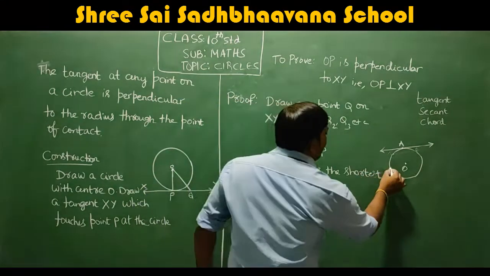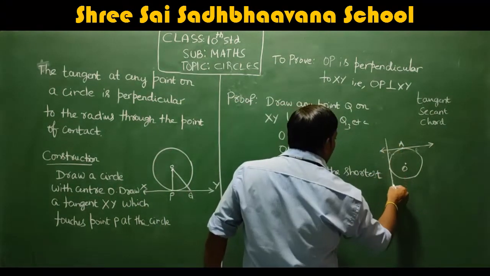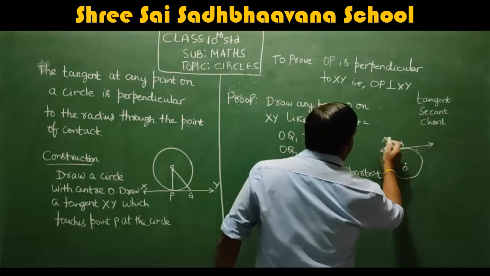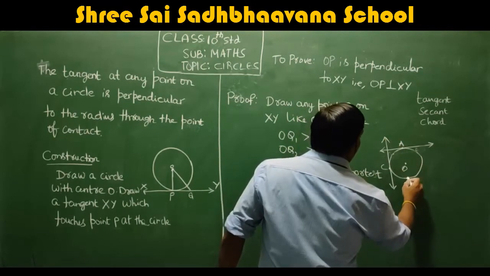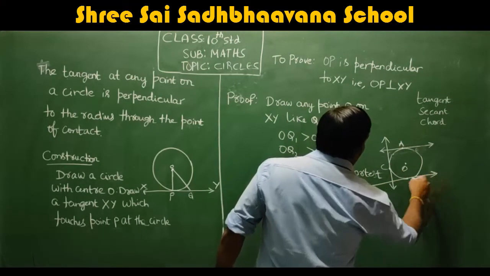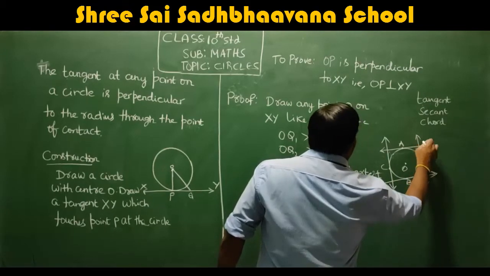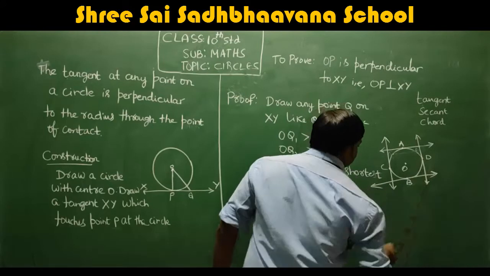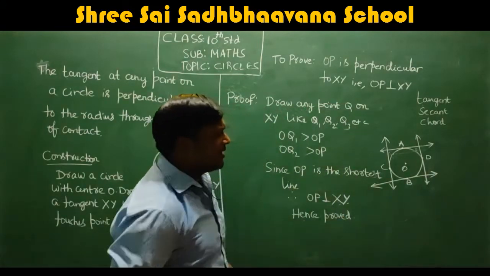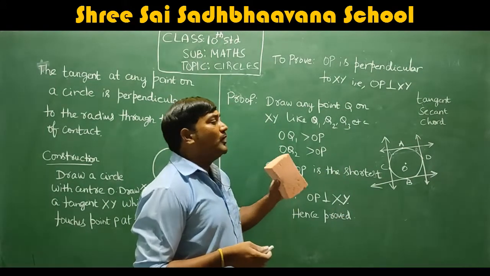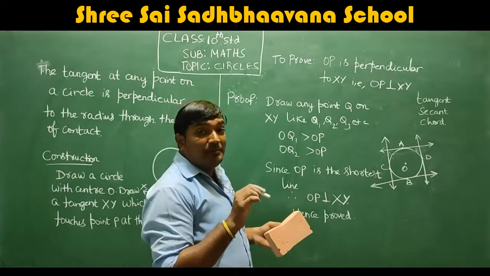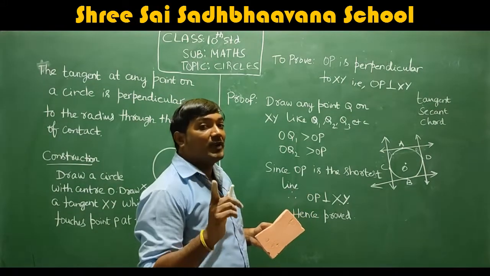You can draw as many tangents as you want. You can draw here one more tangent, which you can name as C here, you can name it as B here, anywhere, or you can take in order also. But what I am trying to say is, at one point you can draw only one tangent.